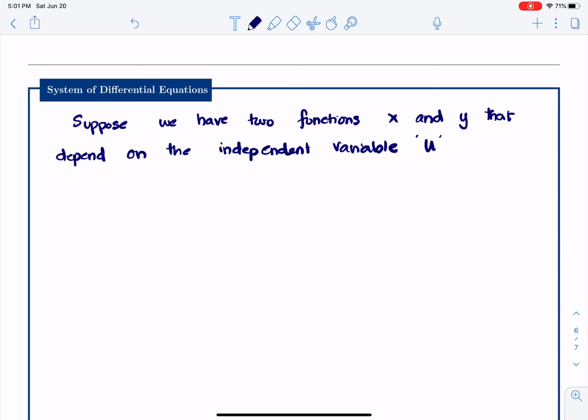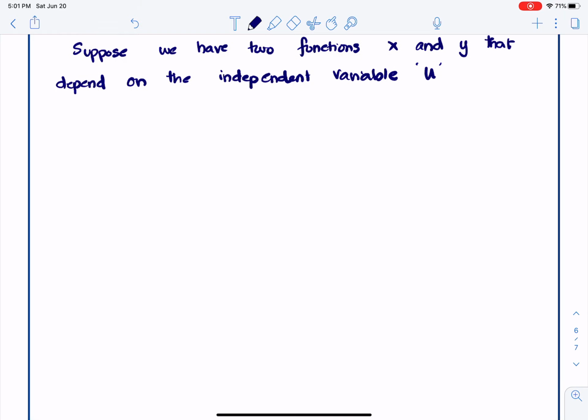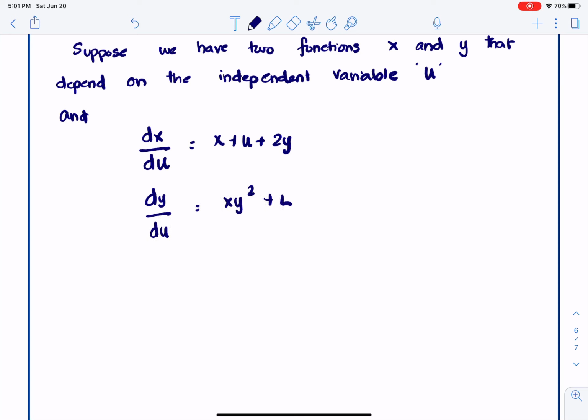As an example, I'll just demonstrate this: dx over du is equal to x plus u plus 2y, and dy over du is equal to xy squared plus 4. So we actually have two differential equations.